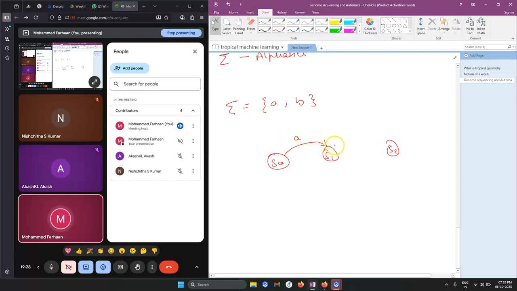This is A. This is A. This is B. And this is B. This extra circle here denotes that this is the starting state.